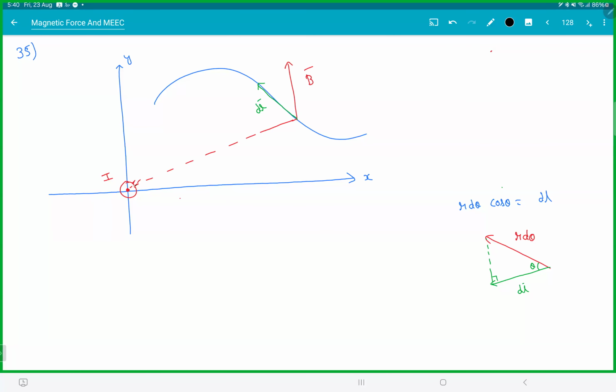When you say R d theta, remember R should be the same, right? To make it an arc length, you should take a radius R and rotate it. That means this entire black line is your R d theta. Is that making sense? You can't say this is R d theta. The radius is changing from here to here. And we took this angle as theta. So R d theta's adjacent side is the dl. So R d theta cos theta is dl.